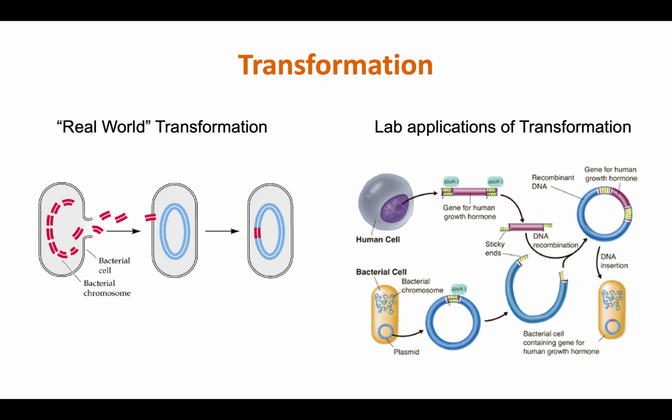But they will take from a human cell a normal gene for human growth hormone, and they are able then to incorporate this gene into a bacterial phage. And then through amplification, they will have human growth hormone produced. So this is transformation at its best in helping people. So this is a new technology.